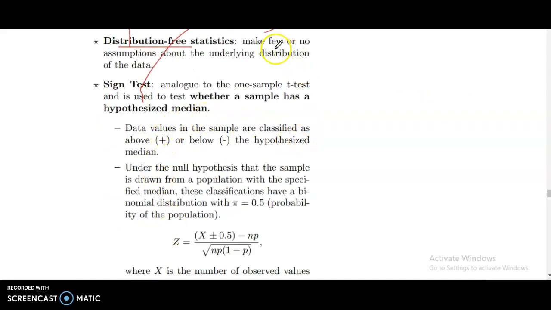Data values in the sample are classified as plus or minus the hypothesized median.